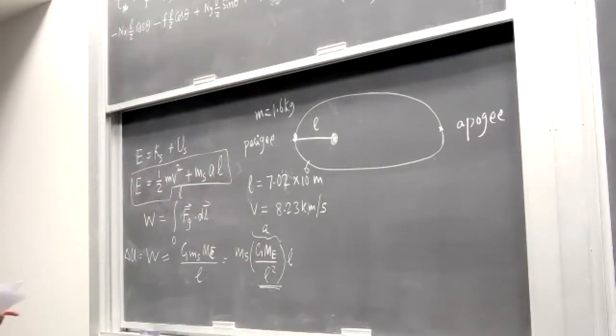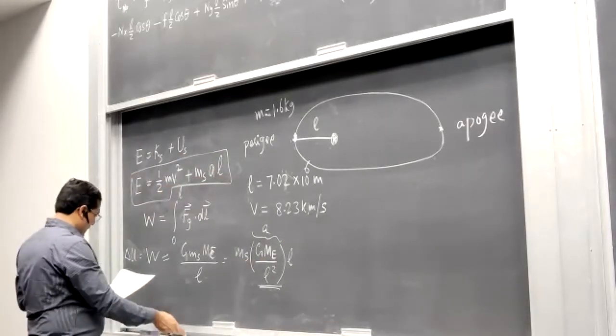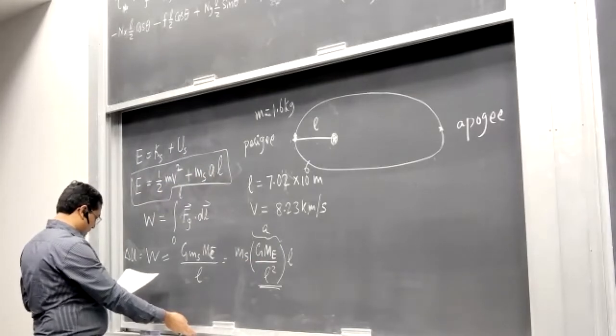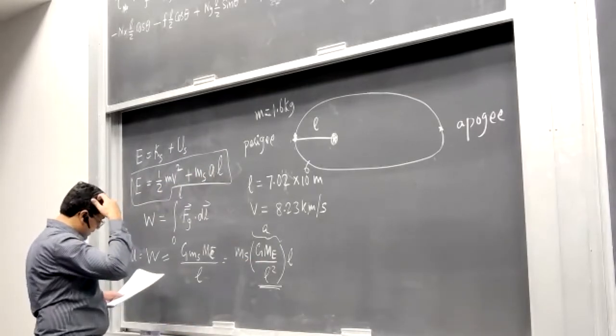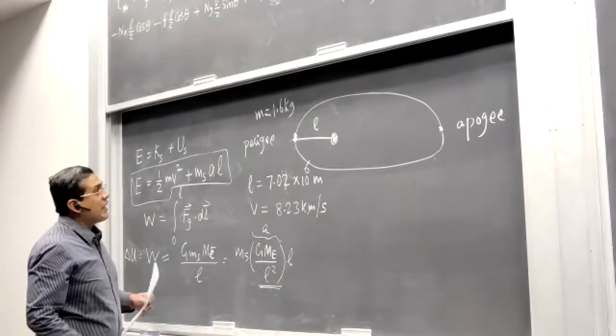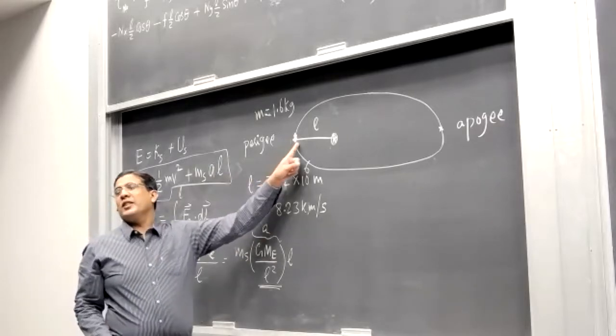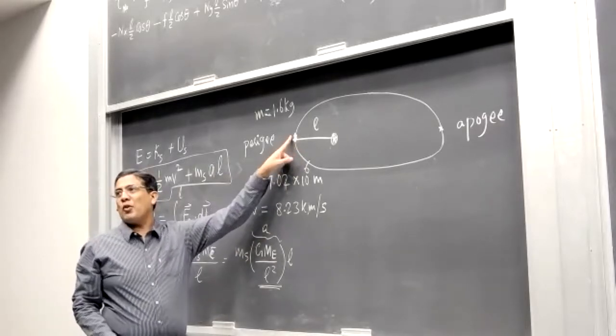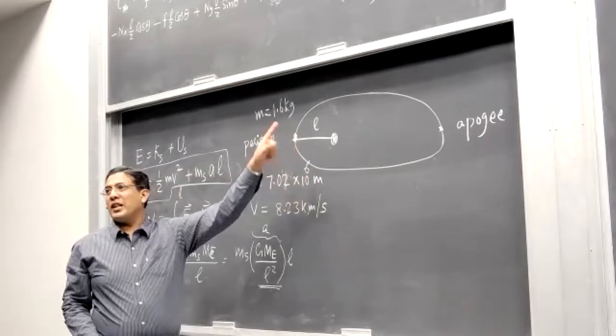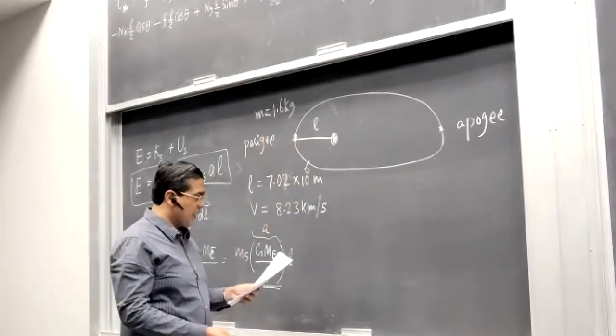Now it asks you again the angular momentum. Angular momentum is a conserved quantity. If we just calculate it at this point, it would remain the same everywhere on the orbit.